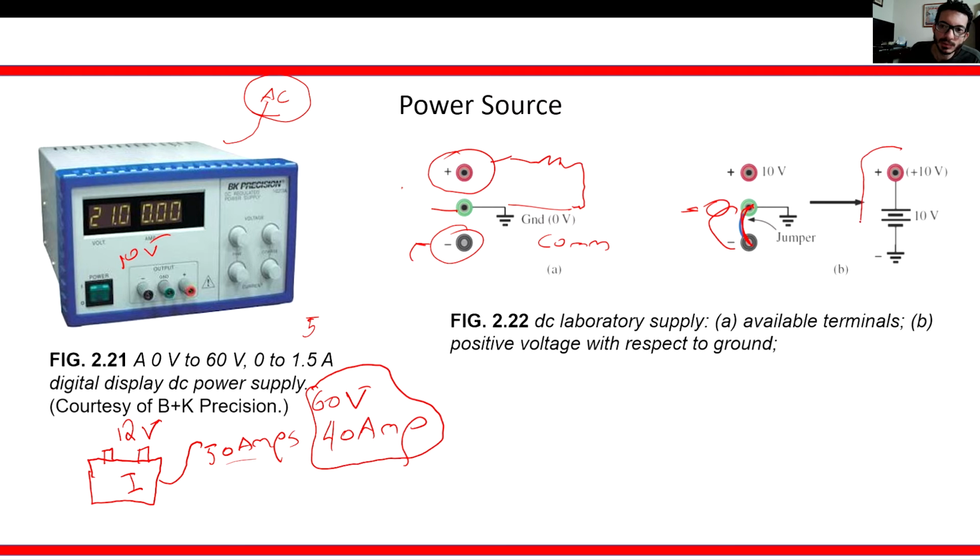And this is pretty much the voltage that you will use for your circuit. So if your power source has 3 points, you remember that you pretty much just use your positive and your negative, or if you have more than one power source, you jump your power source with your ground. Okay.